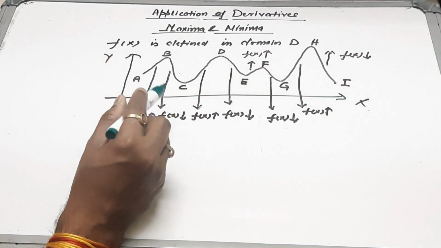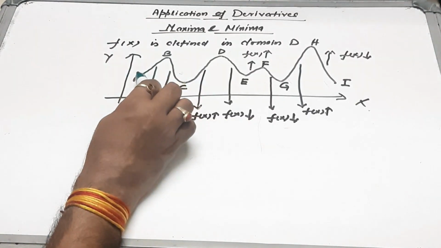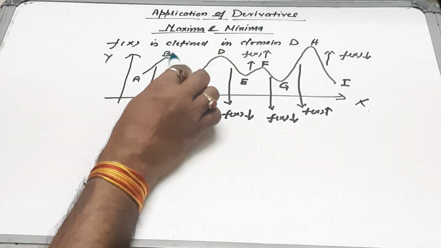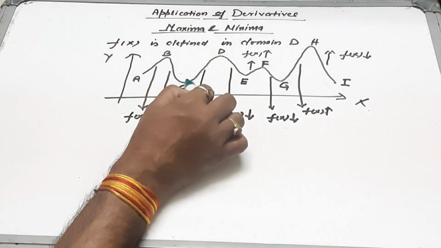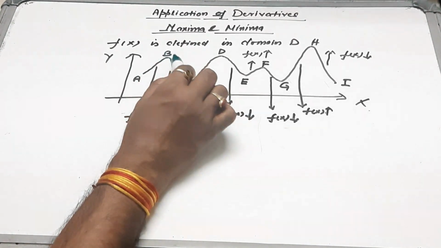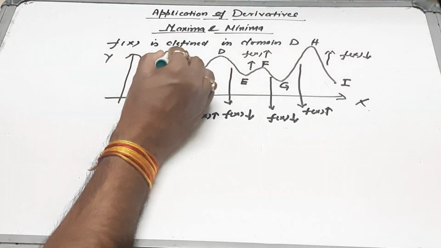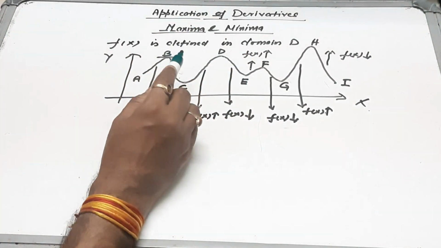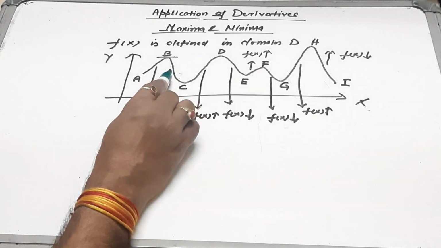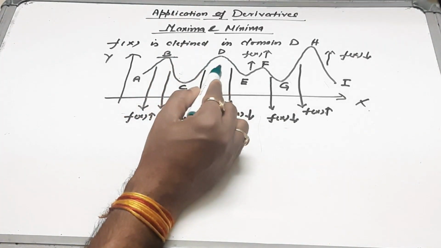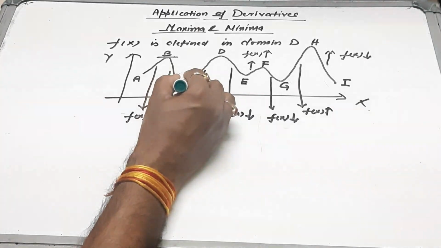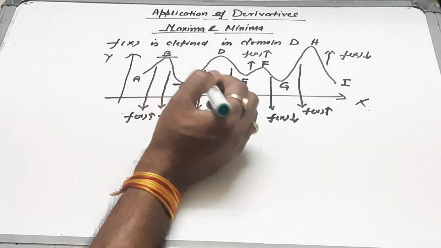Now, if you carefully observe, in AB the function is increasing, in BC the function is decreasing. So one increasing and one decreasing. In between, the peak is the maxima. It is a maxima point, correct? And between one decreasing and one increasing section of the function, you get the minima point, correct?